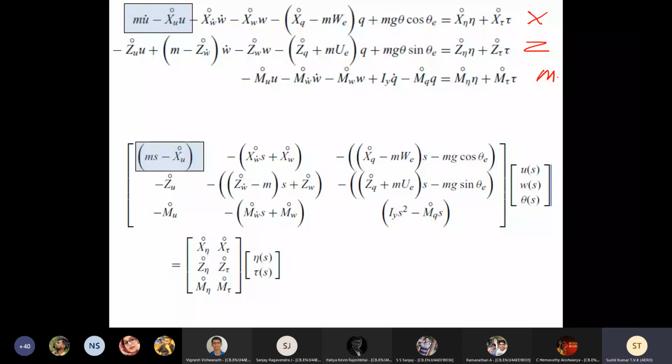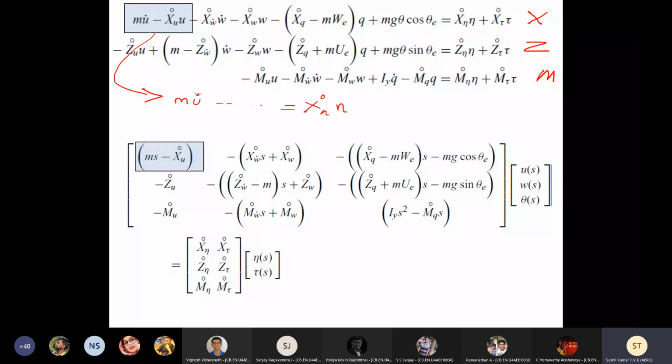So out of this, let us just take one block. Can you see a blue box, Ramanathan, at the top? Yes, sir. So it says m u dot is equal to x eta into eta.